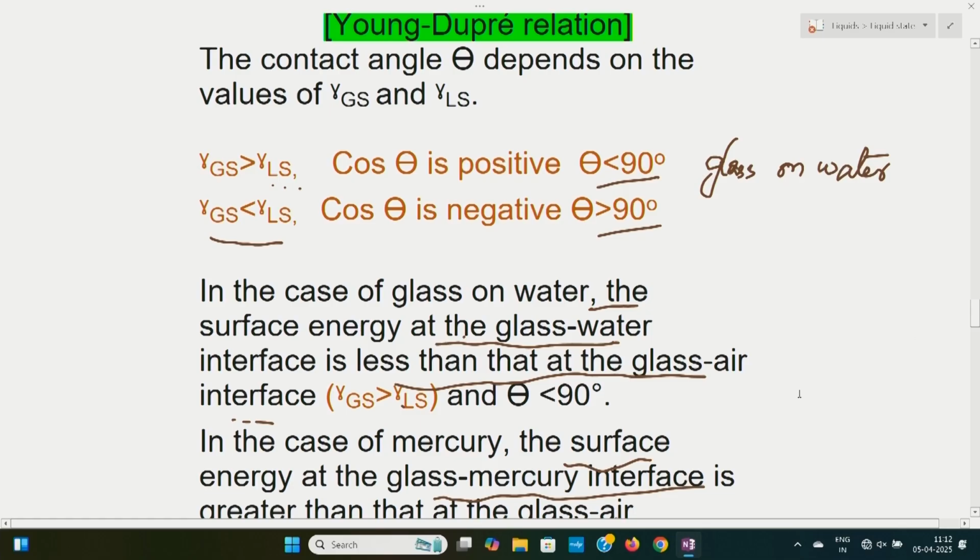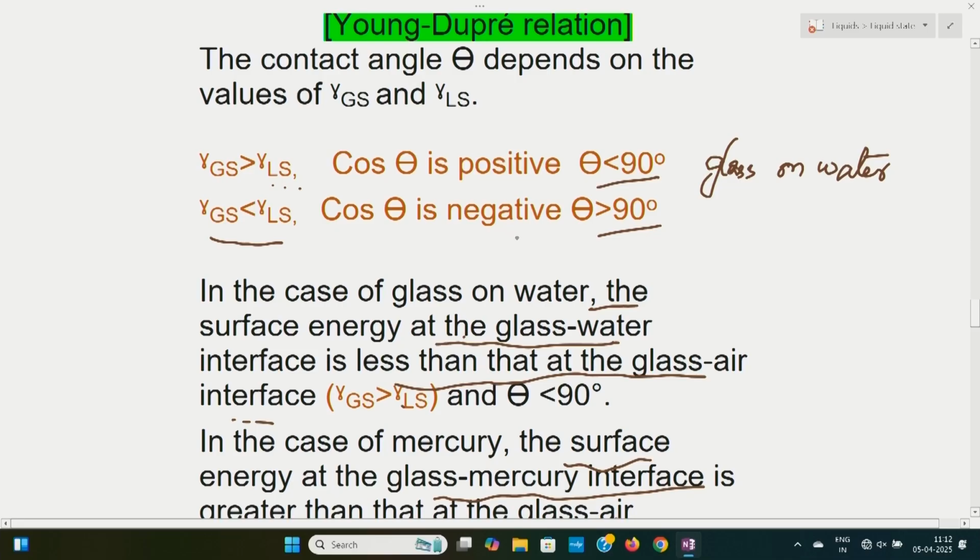When water is on glass, it spreads because theta is less than 90 degrees. Here theta is greater than 90 degrees, so the surface energy of the gas-solid surface is less than the surface energy of the liquid-solid interface. That is the case for mercury on glass.